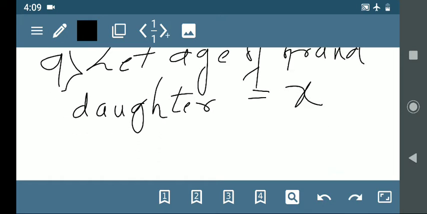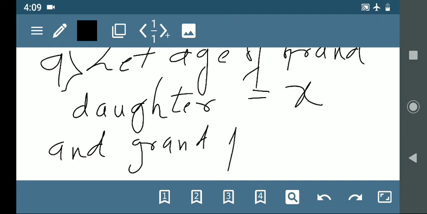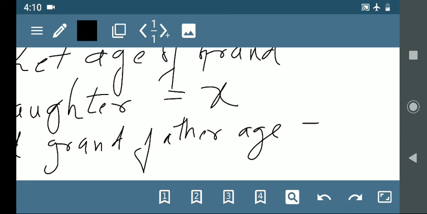What is given? Grandfather's age is 10 times the granddaughter's, therefore grandfather's age is equals to 10x. Okay.